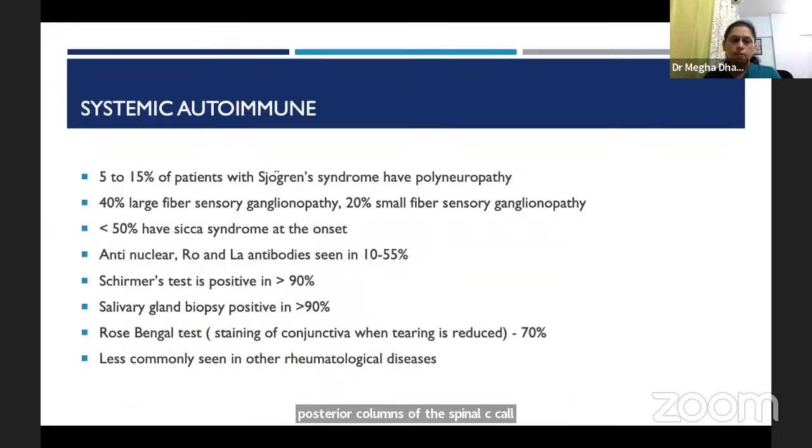5 to 15% of patients with Sjogren's syndrome have polyneuropathy. Predominantly, these are large fiber sensory ganglionopathy. However, small fiber sensory ganglionopathy can be seen.